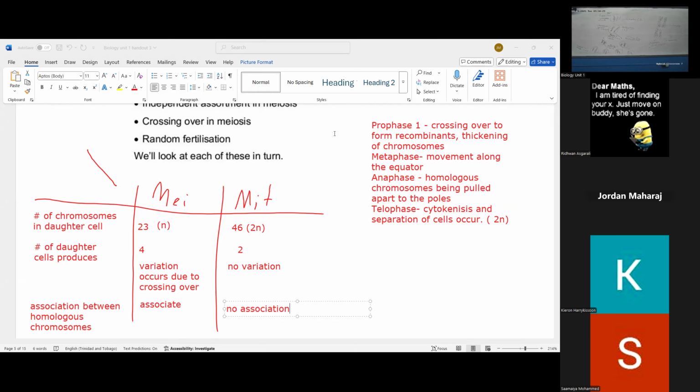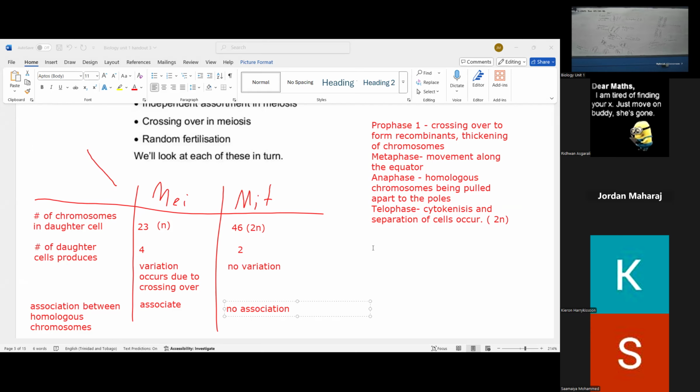One thing I want to mention, because it could come up in the multiple choice, is how to determine the number of possible combinations for a gamete.